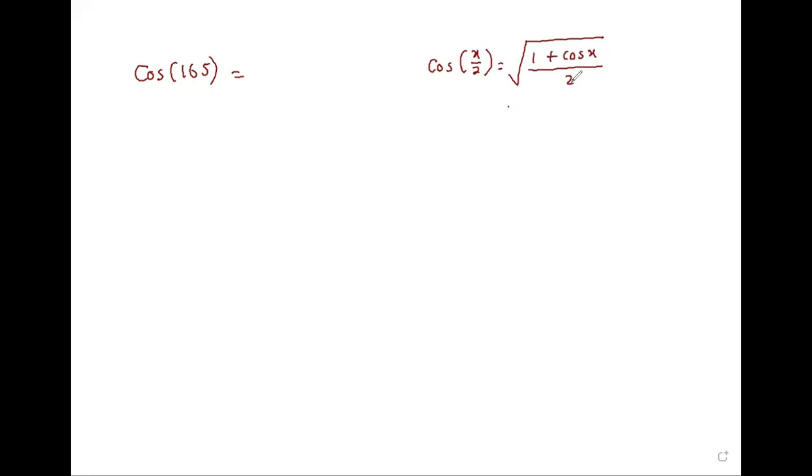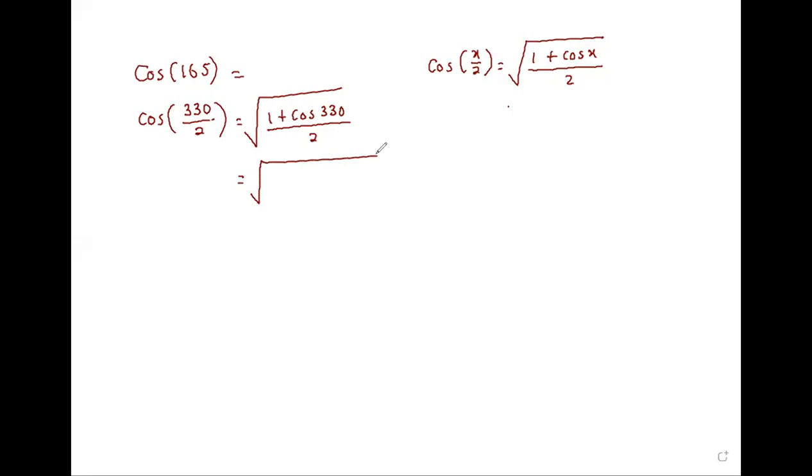So we know that cos 165 is cos 330 divided by 2, which is going to be the root of 1 plus cos 330 over 2. But what is cos 330?